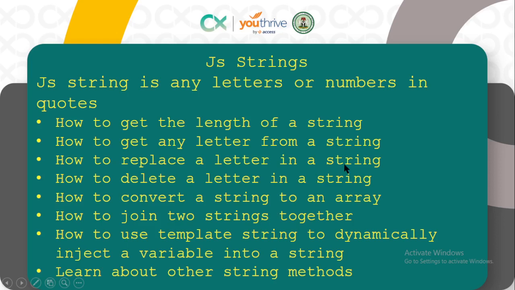Now how to delete a letter in a string, which is very, very easy. So we still use the same replace method. So let's say I want to look for i.